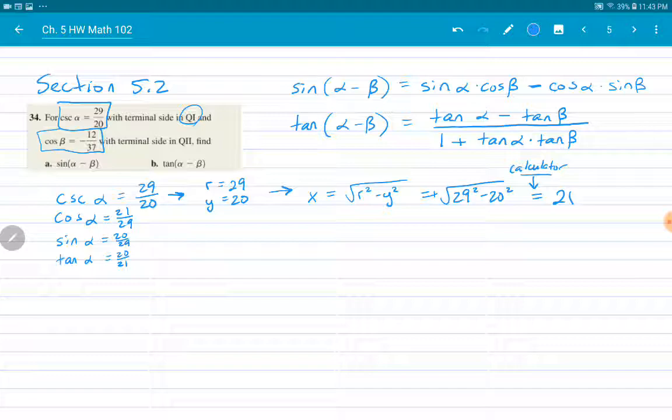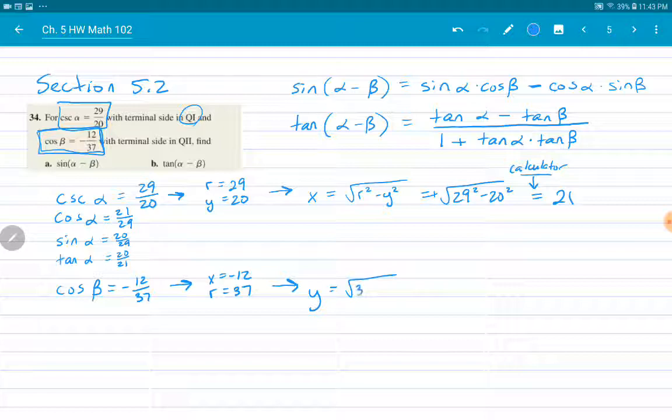And then I need my betas, and here's my hint for my betas. For beta, I'm given that cosine of beta equals negative 12 over 37, which tells me x is negative 12 and r is 37. And that gives me y equal to the square root of r squared minus x squared.